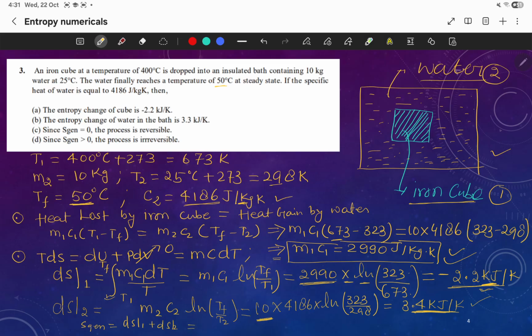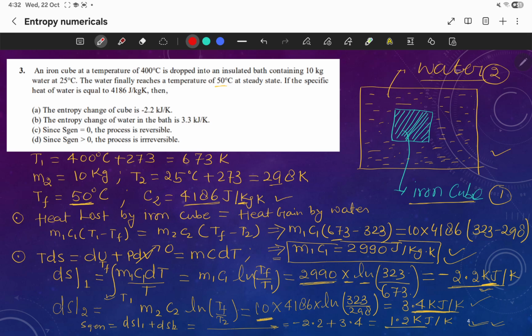We will get minus 2.2 plus 3.4, and finally 1.2 kilojoule per Kelvin. These are the final answers. Now you can see S generation is positive, so this process is irreversible in nature.